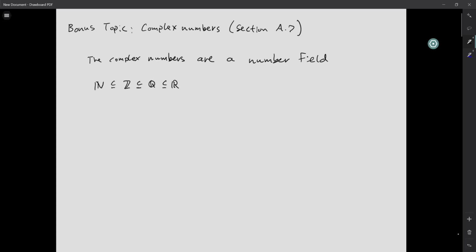For example, if I'm looking for the roots of a polynomial, x squared minus 2 equal to 0, that's kind of the same thing as saying x squared equals 2. This has no answers in the rational numbers.